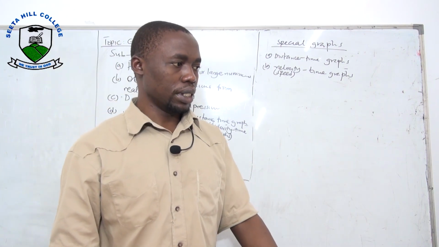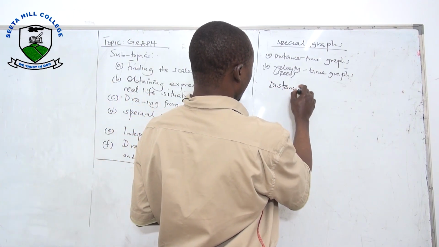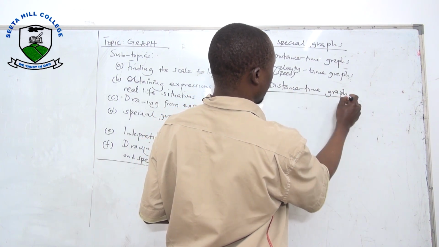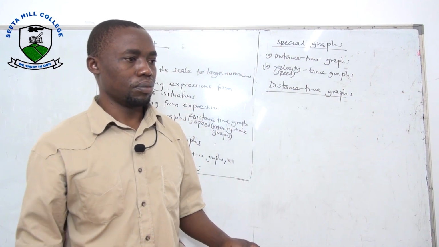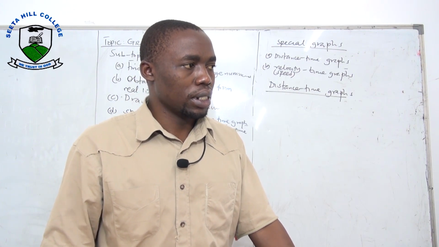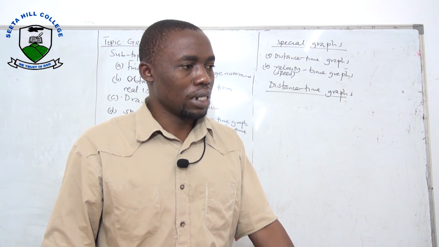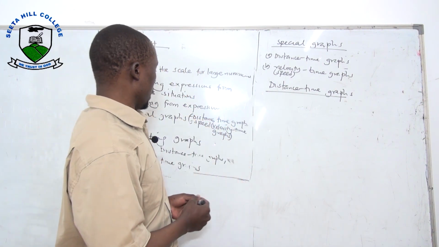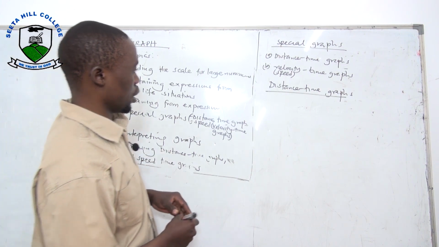Now go to distance time graphs. Distance time graphs represent the distance covered after some time intervals. Now I'll use an illustration to explain how we interpret them, because the next part is interpreting what?